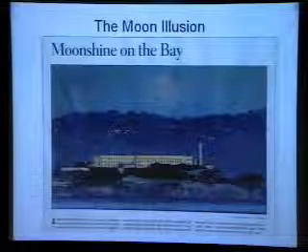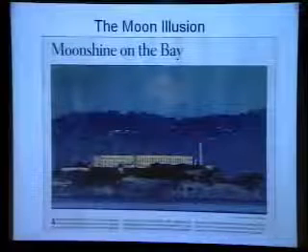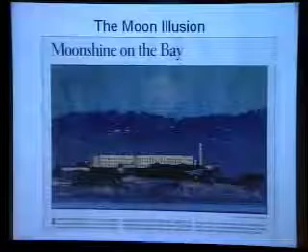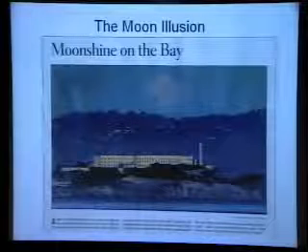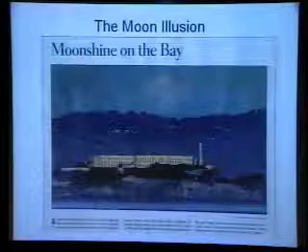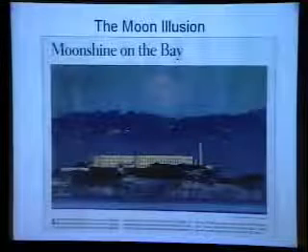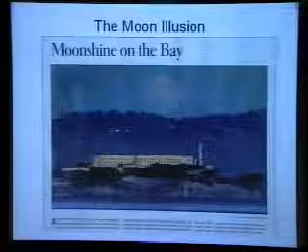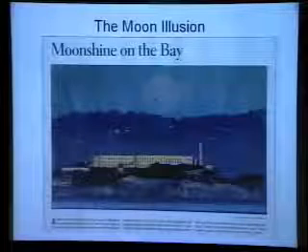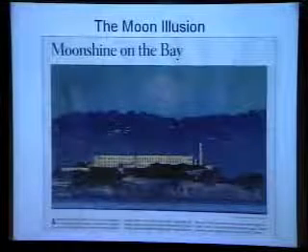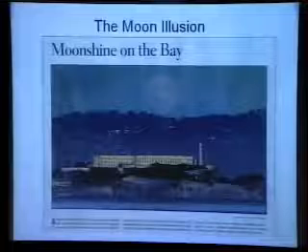This is what's known as the moon illusion. Okay? The moon illusion is that the moon on the horizon appears to be larger than the moon when viewed at zenith. It's not, okay? It's just not. The moon doesn't change in size as it crosses the sky.